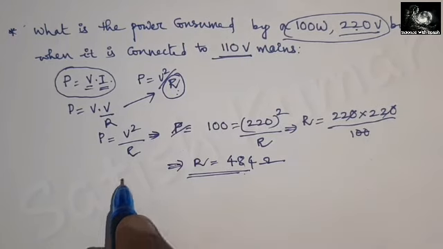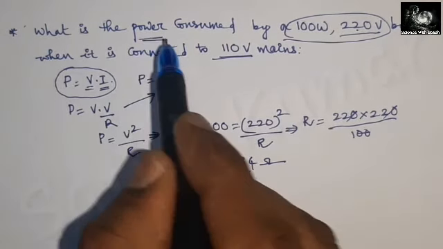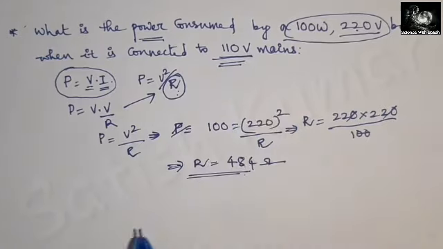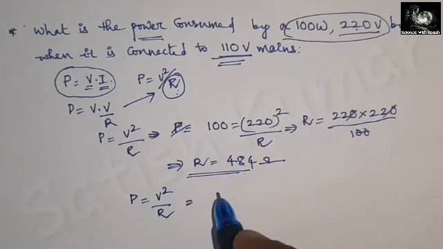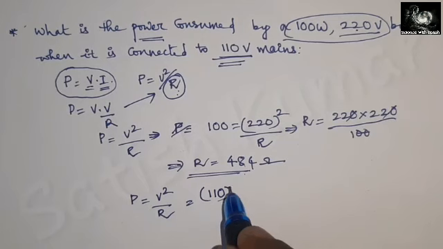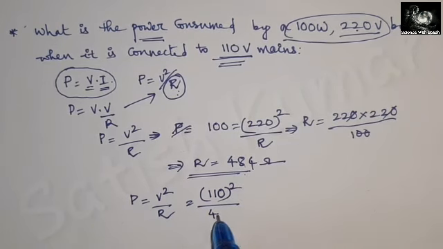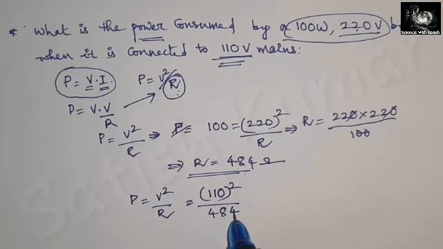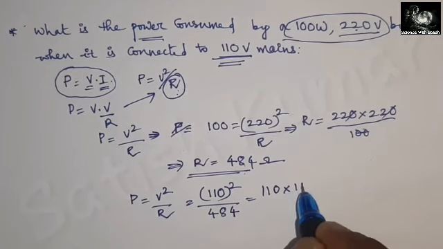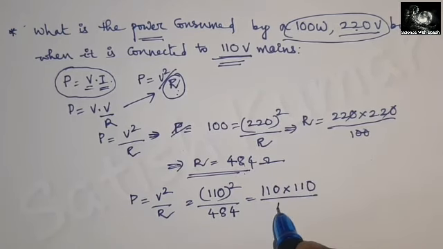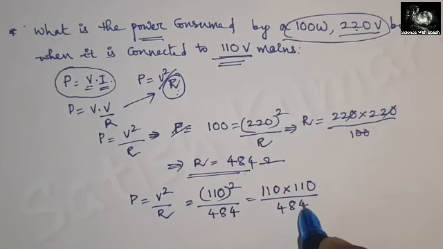So now I am going to find out the power when it is connected to 110 volt main. So power is equal to, again I have to take the same formula, V square by R. V is equal to 110, square by R, which is equal to 484. 110 whole square, 110 into 110 by 484.